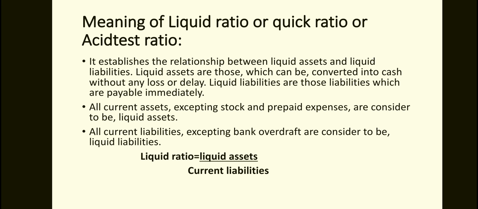All current assets, excepting stock and prepaid expenses, are considered to be liquid assets. All current liabilities, excepting bank overdraft, are considered to be liquid liabilities. So, we can calculate liquid ratio with the equation: liquid ratio equals liquid assets over current liabilities.